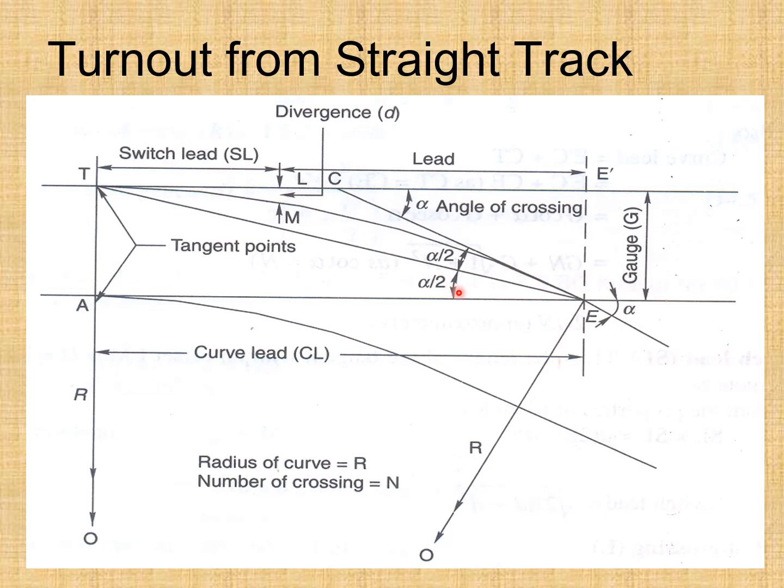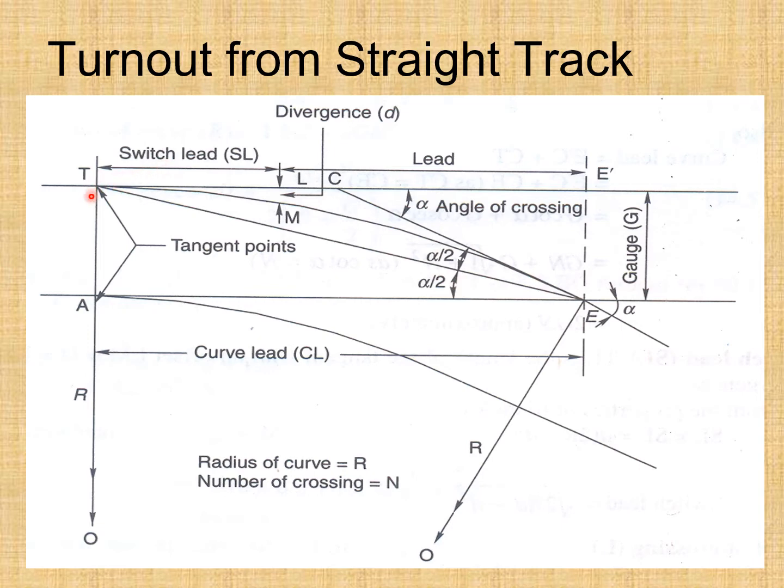Now look at this figure. Again, this is the gauge, this is the crossing angle alpha, and you can see that we have located this point T over here by considering the angle alpha by 2. Now look at the different important things.